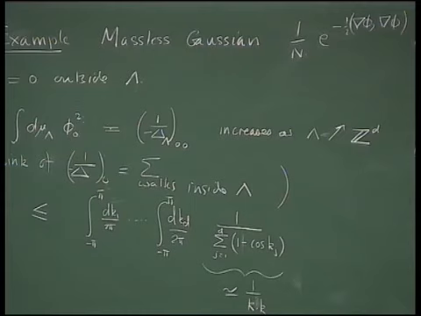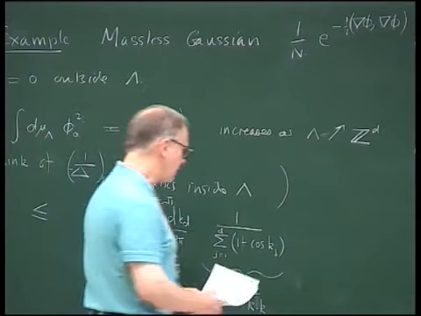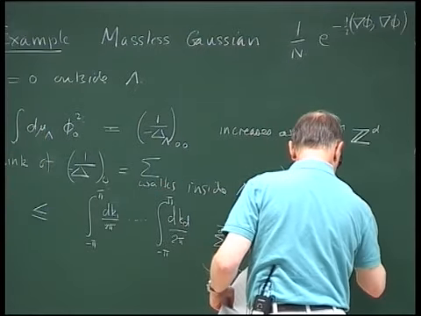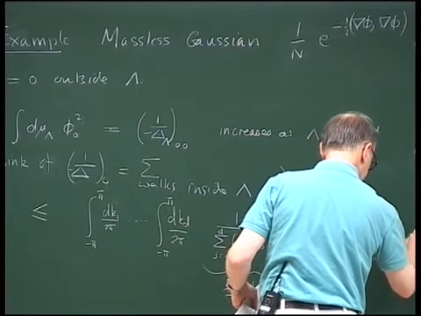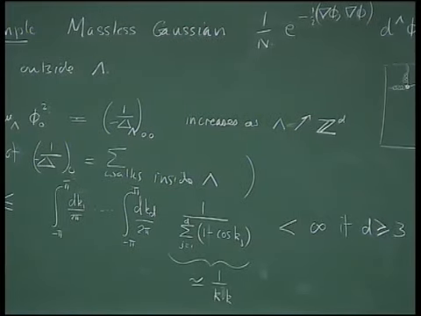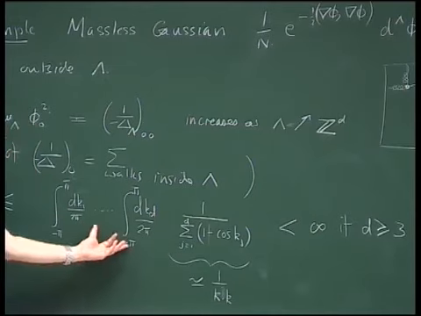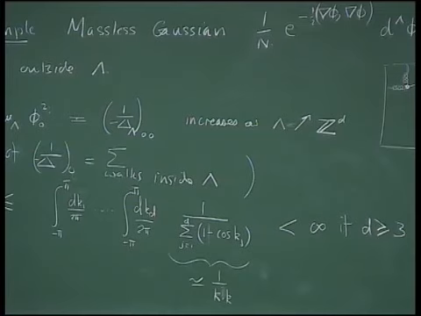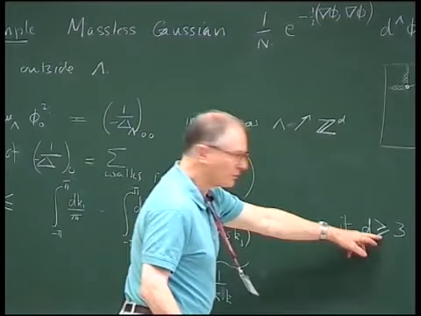And so then we see that this number here is finite if the dimension d is bigger than 3. Because 1 upon k squared is integrable if you have more than 3 integrals to integrate. More than 2, sorry, more than 2, yes, greater or equal to 3, exactly.